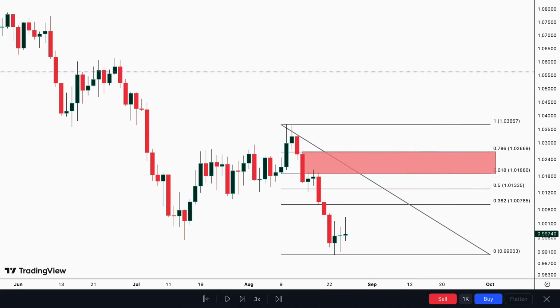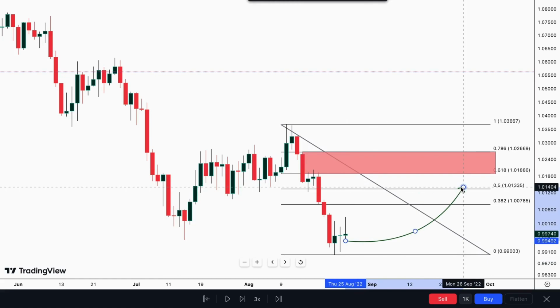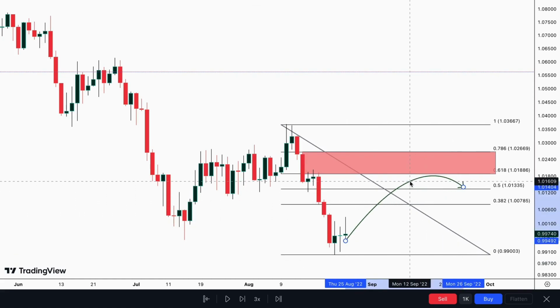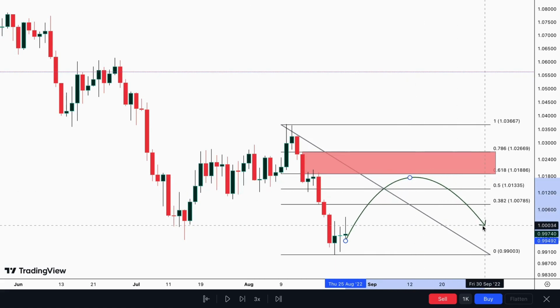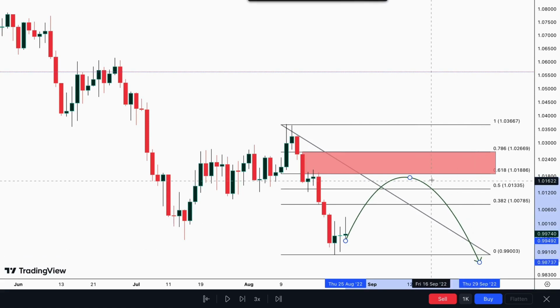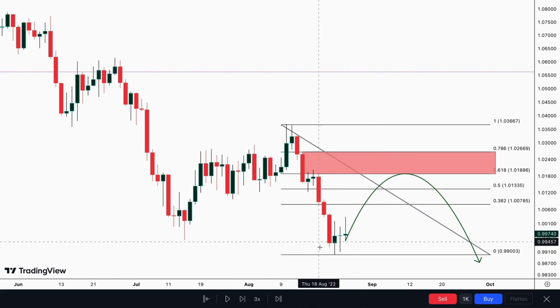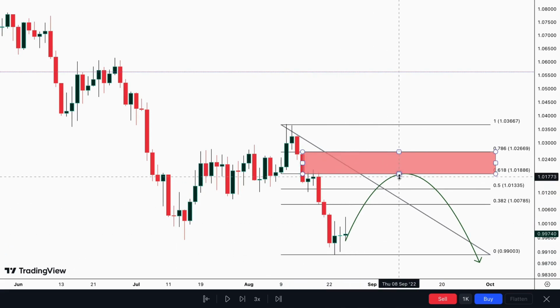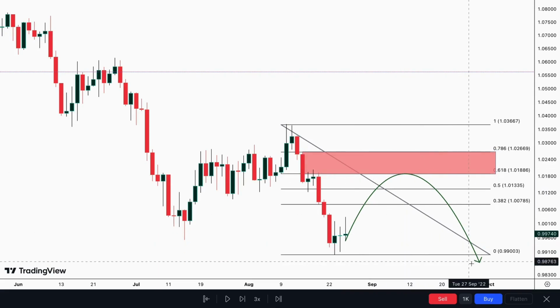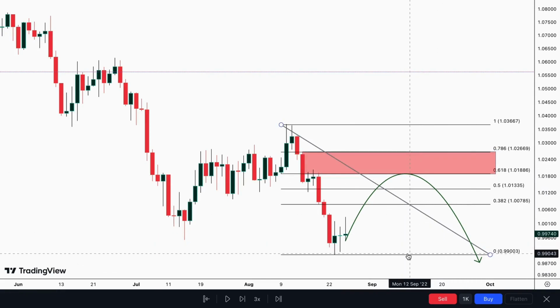So again, I expect this market to move, or this retracement to move, upward to this point before proceeding with the real trend. So I hope this market will come and retrace here before going down. So let us see how the market unfolds.